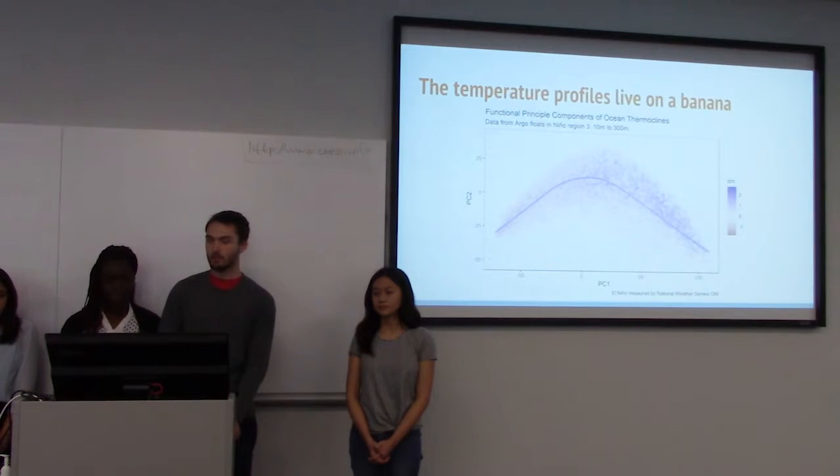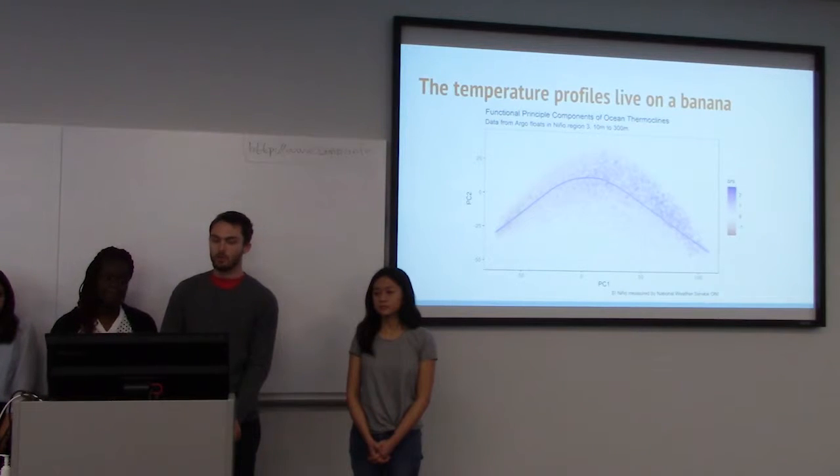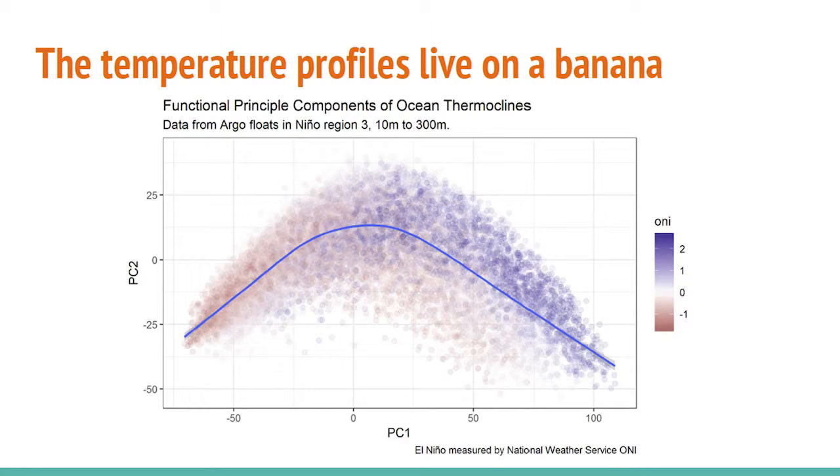Looking at PC1 and PC2, we get this banana shape. On the left-hand side, the ONI, which is again a measure of El Nino: when El Nino is happening, you have an ONI close to 2, and when La Nina is happening, it's at -1.